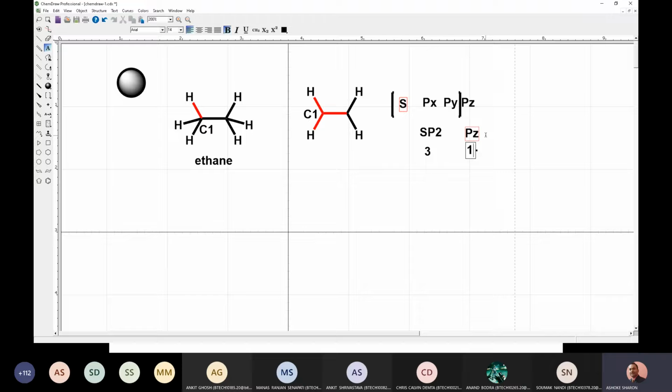It's a pure orbital, not hybridized, but these three orbitals are the hybridized orbitals. So now these three are going to have three sigma bonds, 1, 2, and 3. With this pz orbital and these three sp2, what angle can we expect between these two sigma bonds? What angle can we expect?